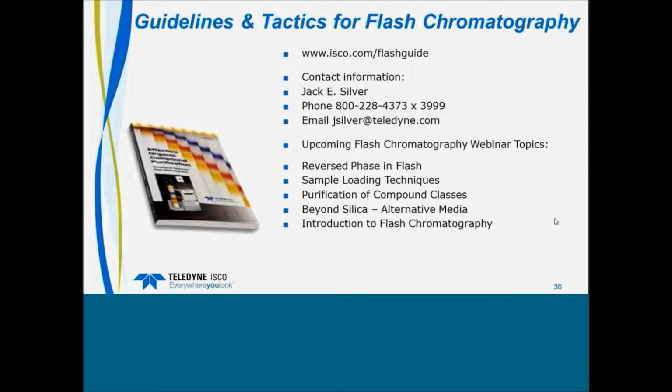Jack, first question I have coming in here is many of your examples used the PurIon system to help analyze. Is that absolutely required for all natural products, or will a CombiFlash unit or a flash chromatography unit work by itself? A flash chromatography unit will work by itself, although the PurIon does make it easier to find the known compounds as they elute.